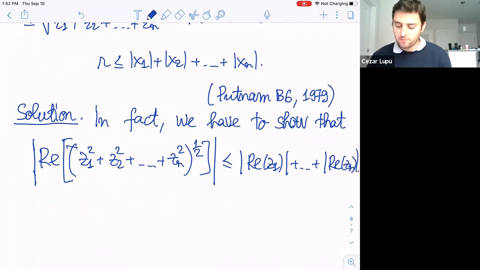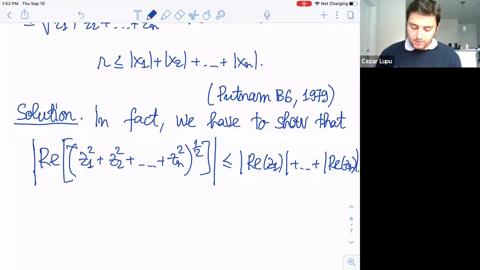So that's the translation, right? A complex number has a real part and an imaginary part, we can also write as Re of z plus i times Im of z, always. So that's what we have to prove.